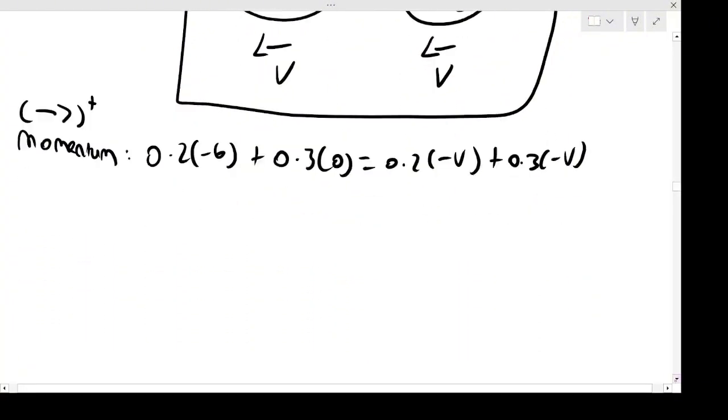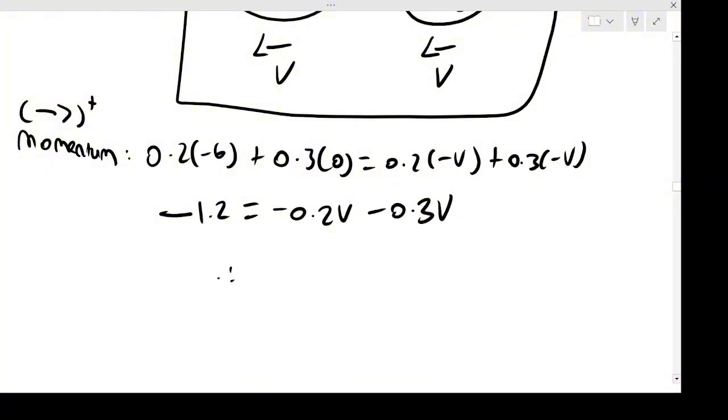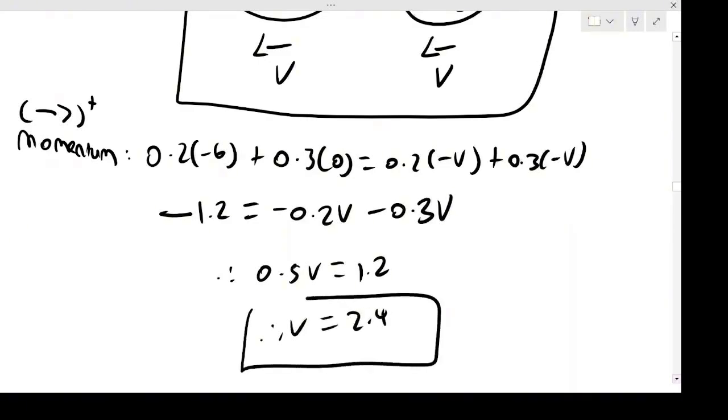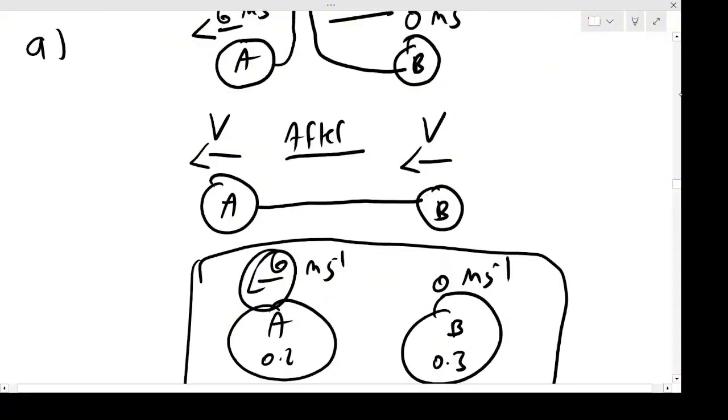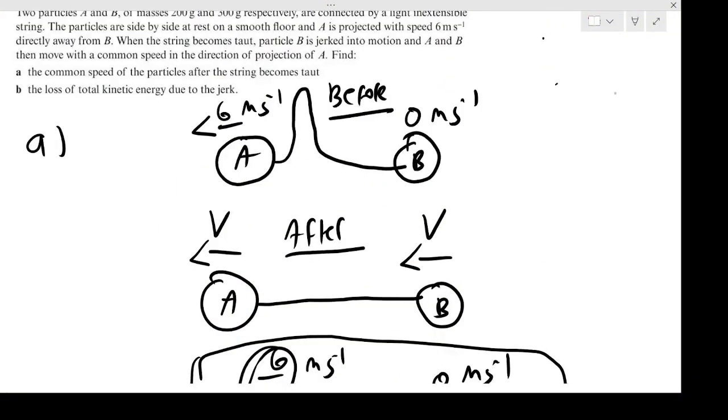So if I simplify it, minus 1.2 is going to equal minus 0.2V minus 0.3V. Therefore, I could say 0.5V will equal 1.2. Okay, therefore V is going to be 2.4 if I divide by 0.5, and that is my speed afterwards. Okay, and so that is the speed of both of them after the string becomes taut.